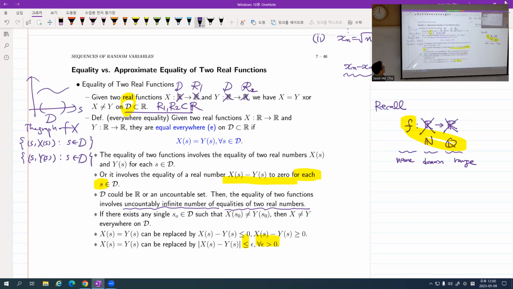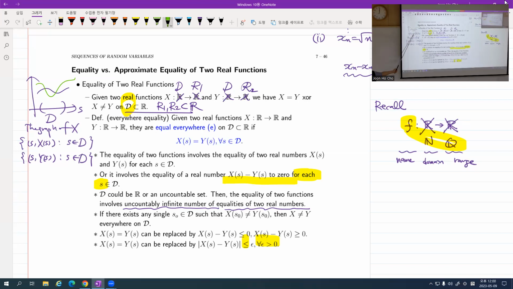Suppose this is the illustration of a figure of the graph for x. Then probably you have another one for y. And definitely at this point, let's say S1 and S2, they are the same.